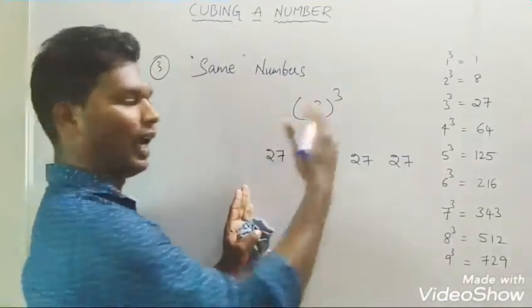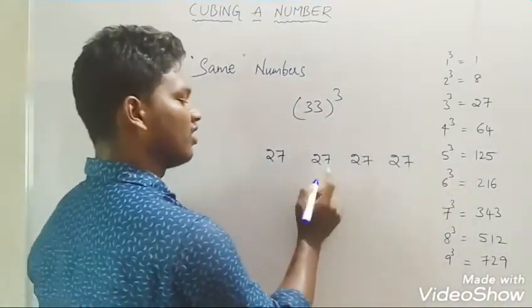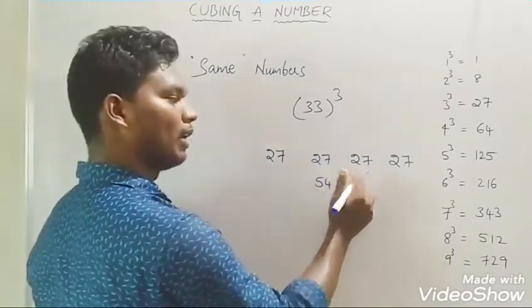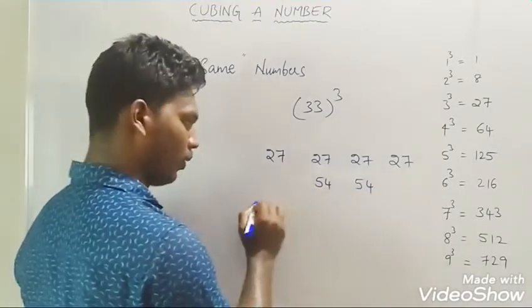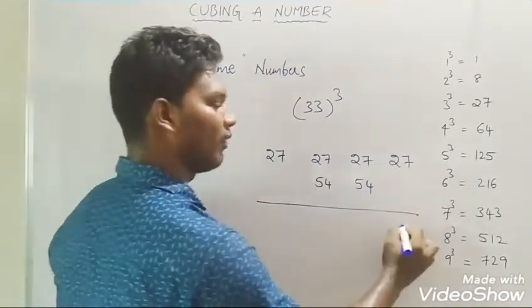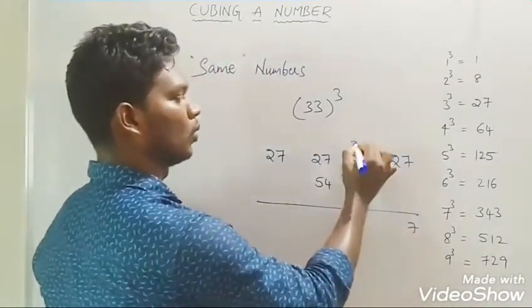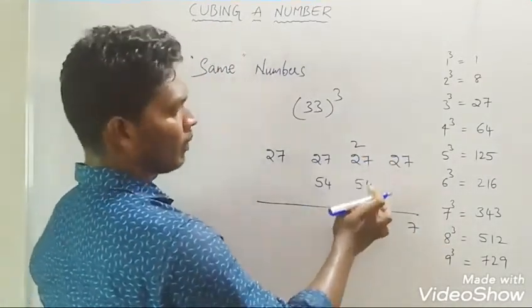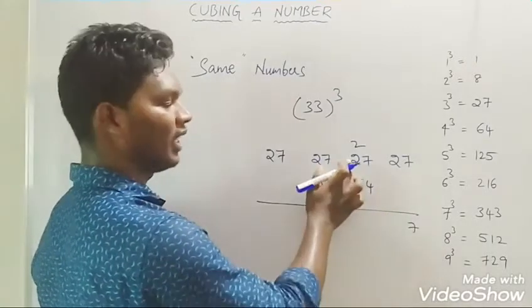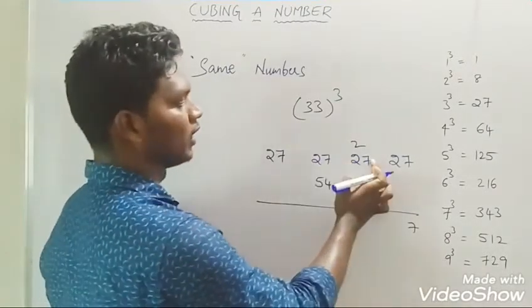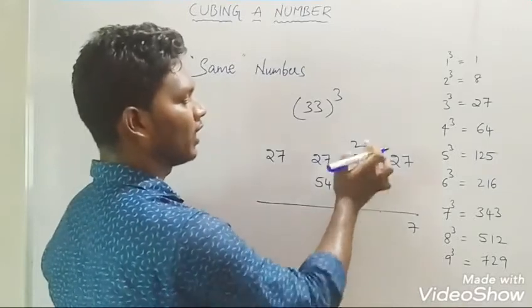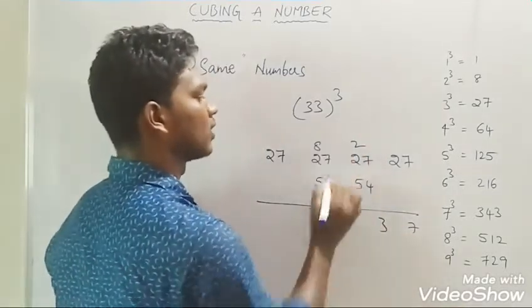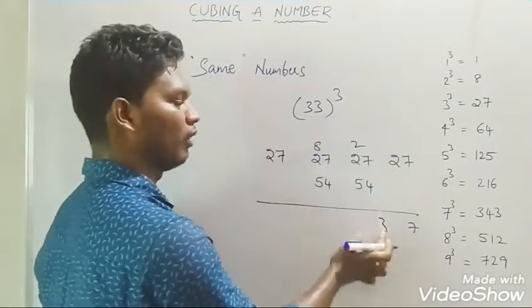Leave the first one and the last one, double the 27 will be 54, again double the 27 will be 54. Okay friends, so 27 I am writing here 7, 2 here, so 7 plus 2 will be 9, so 50, 20, 70, 77, 81, 83. Okay friends, so the sum of 54, 27, 2 will be 83.